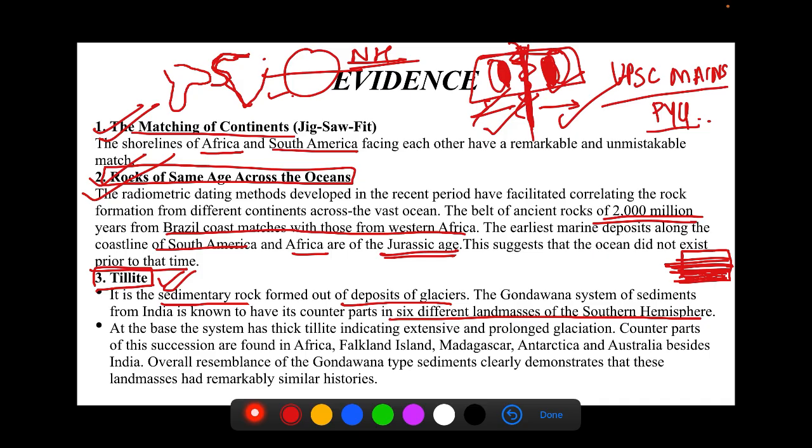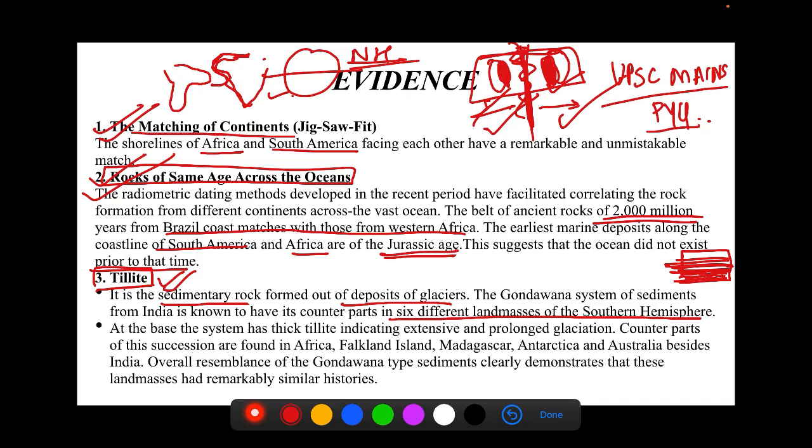We can suggest that okay, glaciation happened, but in the subtropical belt in which India lies today, there is not a possibility of glaciation. So we can think that India was present closer to the poles. It can be the North Pole or it can be the South Pole, right?